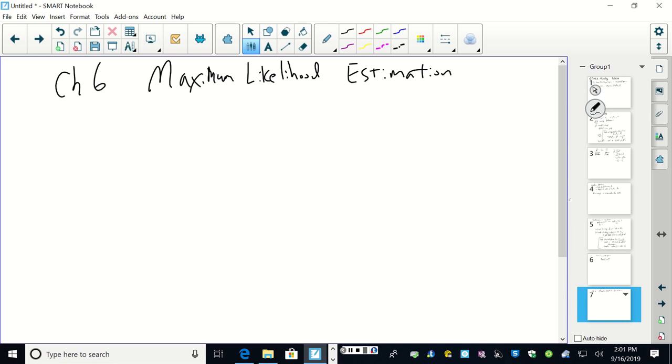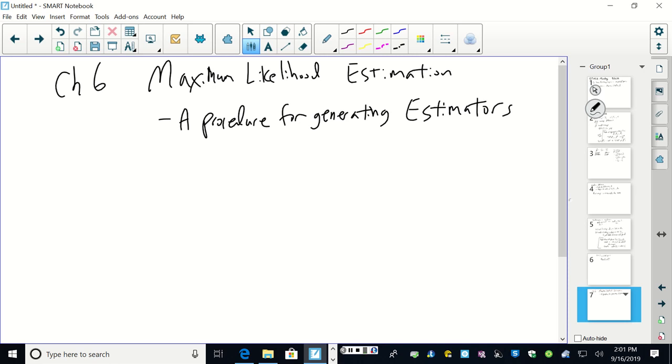How do you come up with estimators in more complex situations? How do you choose among different estimators in terms of how well they work? So maximum likelihood estimation is a procedure for generating estimators, statistics that we would use to estimate a parameter.